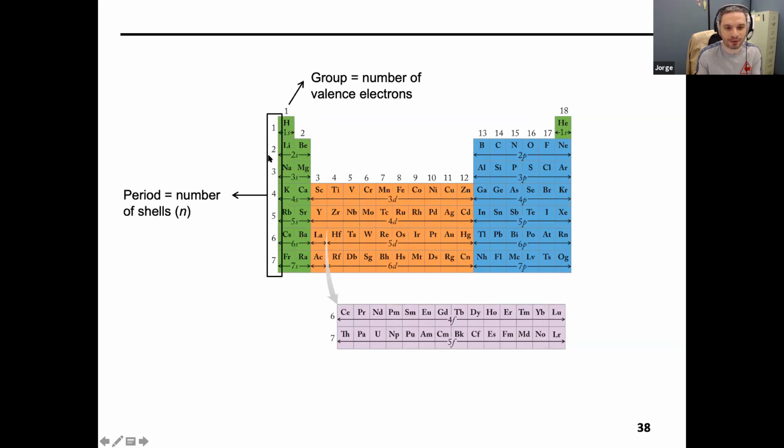Here, 2 shells, 3 shells, 4 shells, and all the way to 7 shells. And that's the maximum that we have found till the moment. Okay, so moving down through the group, one more electron shell is always added, and all the elements in the same column or group have the same number of valence electrons.